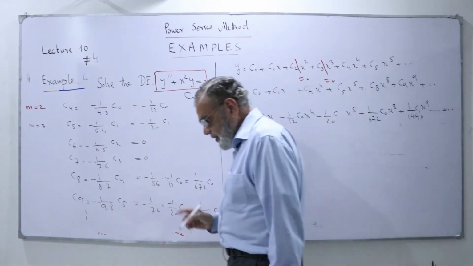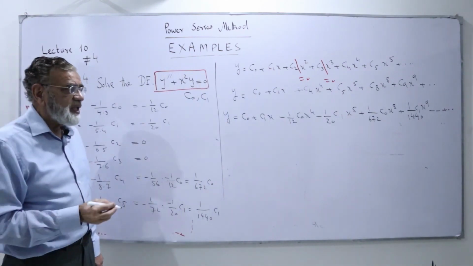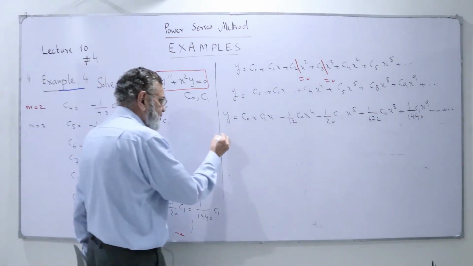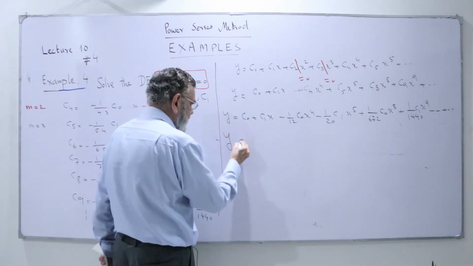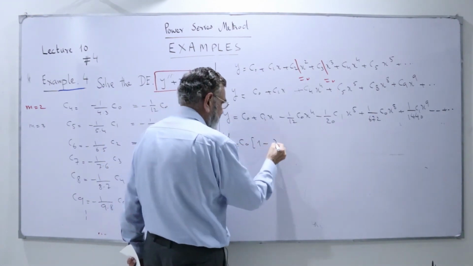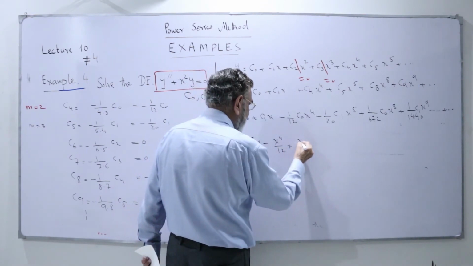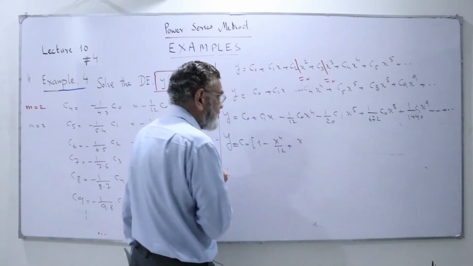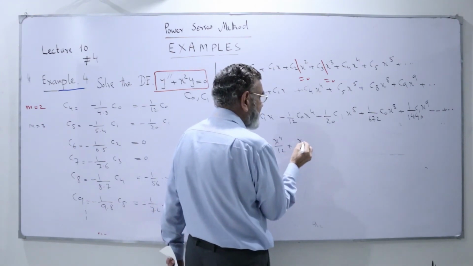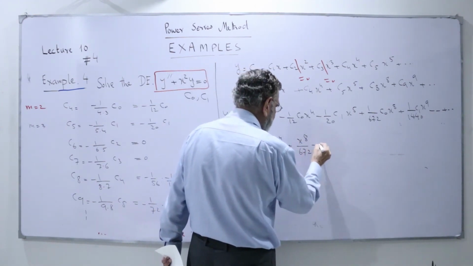So I define my solution as C0 y1 plus C1 y2. I want to get two functions. We take the terms with C0 together: 1 minus x to the power 4 over 12 plus x to the power 8 over 672, minus plus.